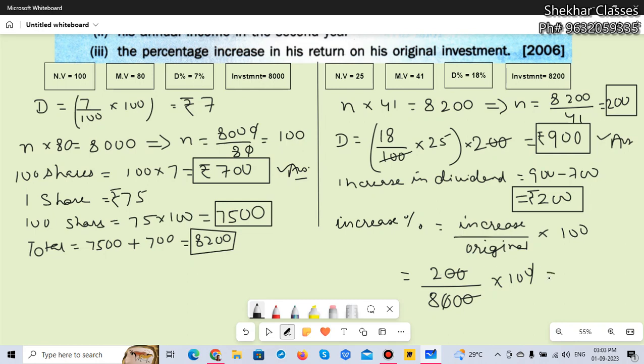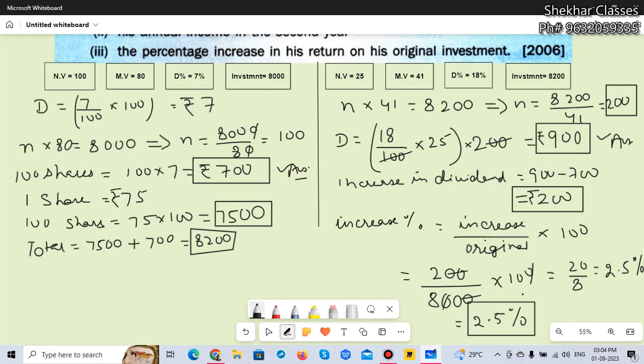So how much did we get here? That is 20 upon 8, which is equal to 2.5%. So we have got the answer here: the percentage increase is 2.5%, and this is the final answer that we have here.